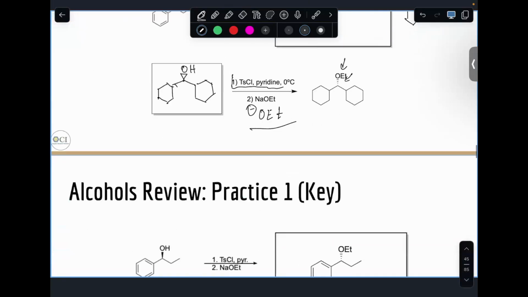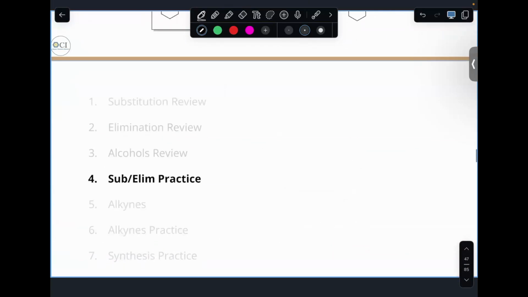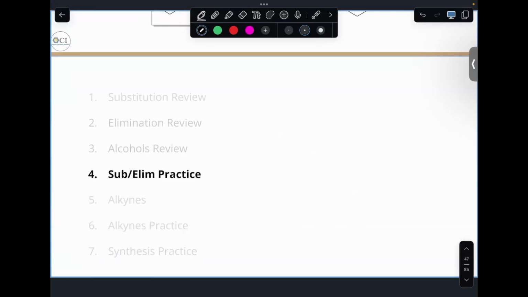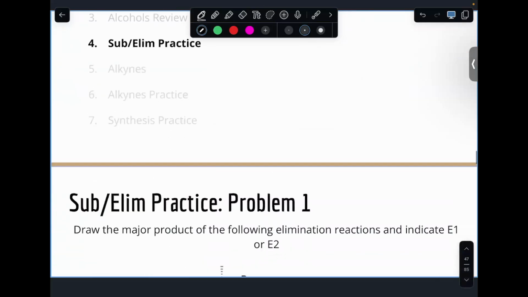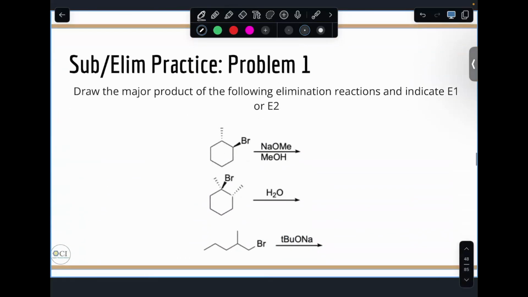Okay. We're going to do some more substitution elimination practice. So draw out the products and then determine if they are E1 or E2. Are we ready to move on? Thumbs up. All right, let's do it.